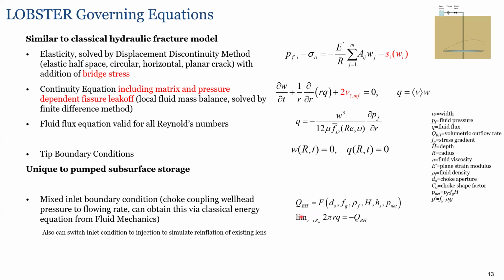Now the fluid flux is related to the choke diameter and the pressure. So it's a mixed boundary value problem, which sounds innocent enough, except that I actually ended up having to put in an entirely separate additional iteration loop around the entire code in order to satisfy this boundary condition.